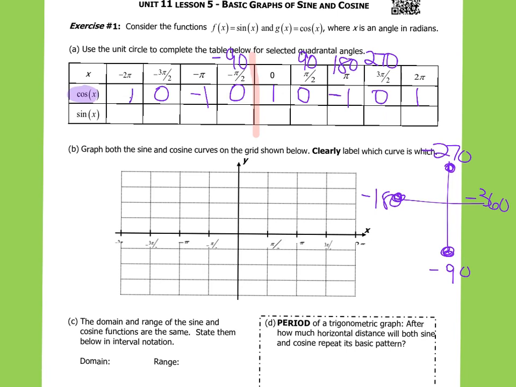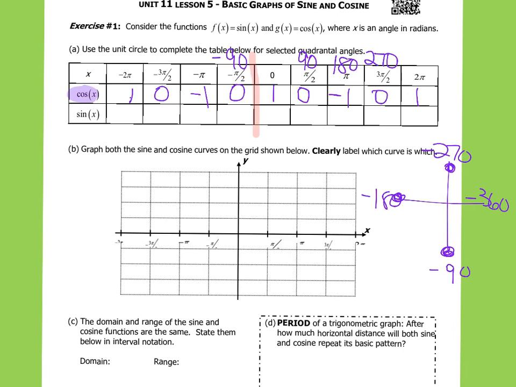So just a reminder, I'm getting all of this information from my unit circle. If you have them memorized, really, you shouldn't even be looking at it, and that's really where you should be at. Now, I am going to graph these. Please notice that the x-axis is already labeled for you, and I don't know why it's cut off, but it matches exactly what I have up on top.